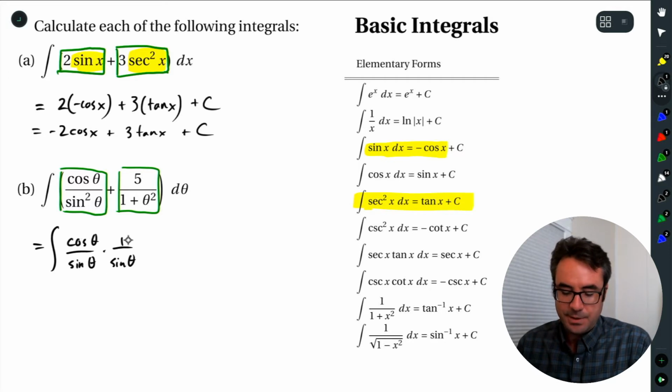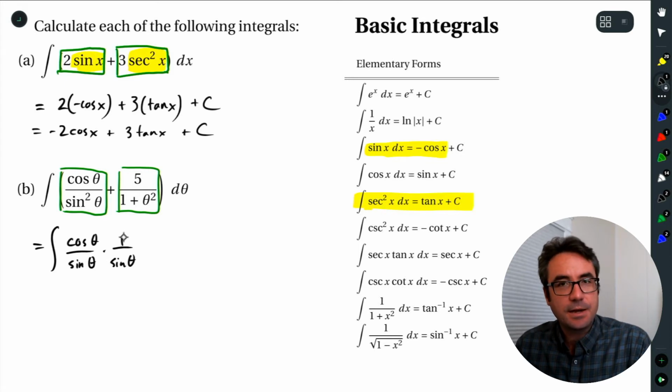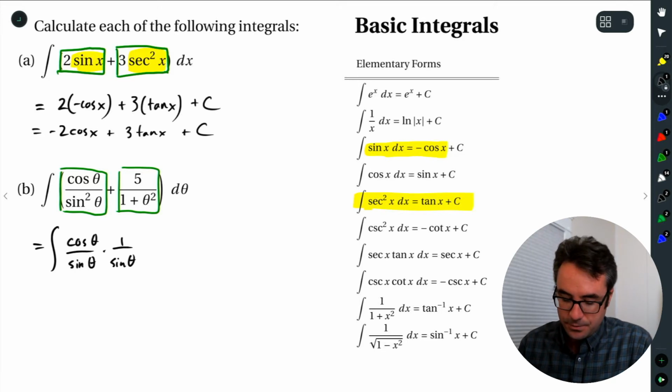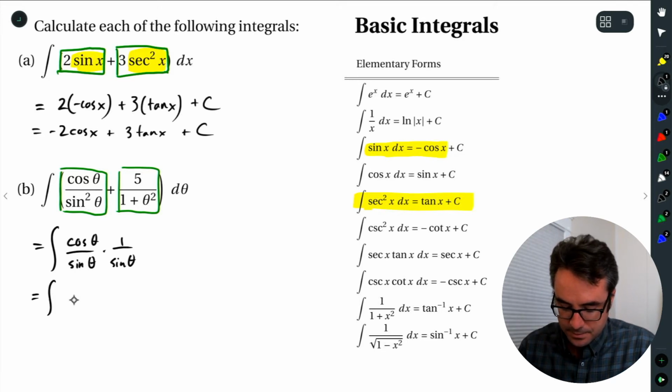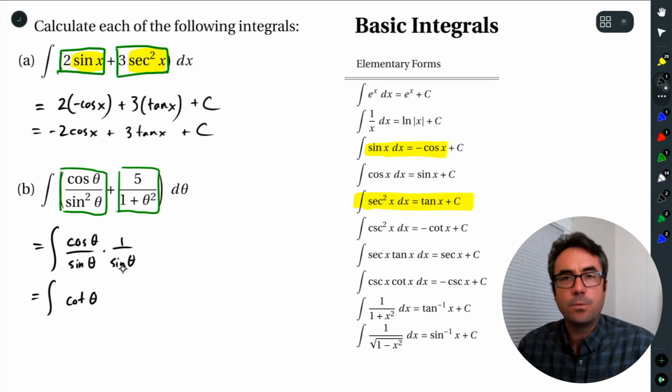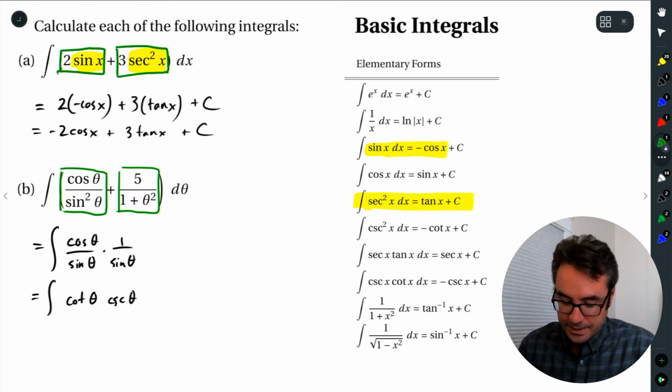All right, well, that maybe isn't getting us anywhere just yet. But then cosine over sine, that's actually cotangent. So that first fraction is cotangent theta. And then 1 over sine, that's cosecant theta. So we're just using some trig identities here.